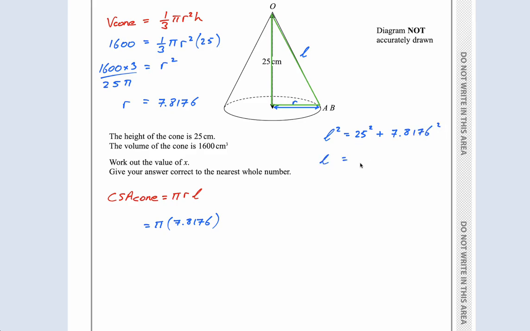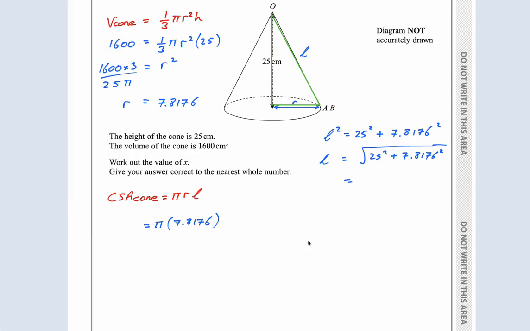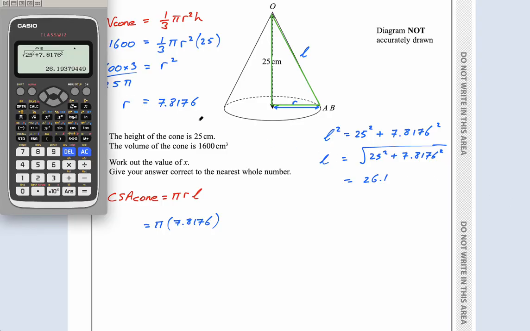L is then the square root of 25 squared plus 7.8176 squared. I'll do all that in one go on my calculator. So it's the square root of 25 squared plus 7.8176 squared, which is 26.1938.